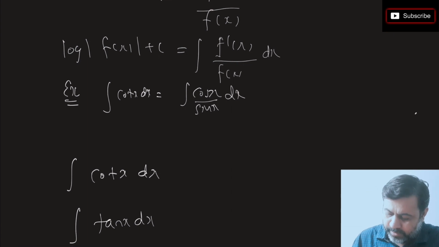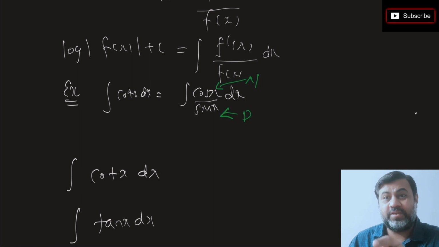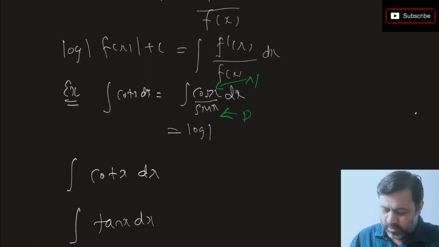Now in the denominator we have sin x, in the numerator we have cos x, and what is derivative of sin x? Cos x. So here can I say derivative of denominator is present in the numerator? Yes. So what will be the answer? Log mod denominator. Here what is the denominator? Sin x. So what I get here is log mod sin x plus c.